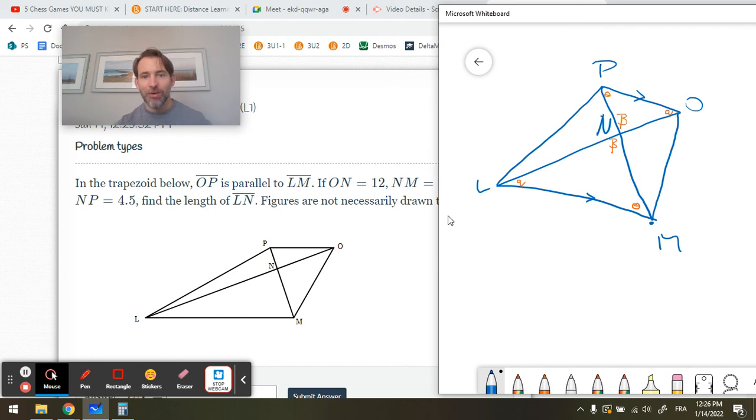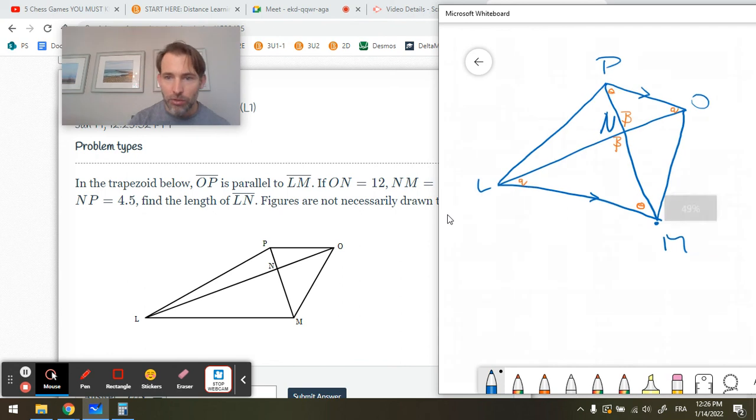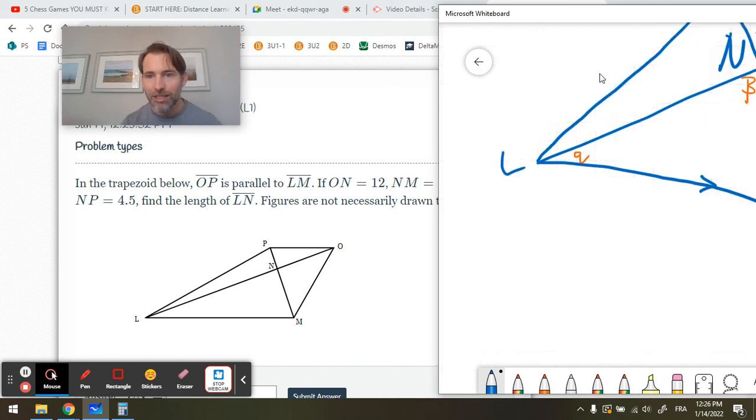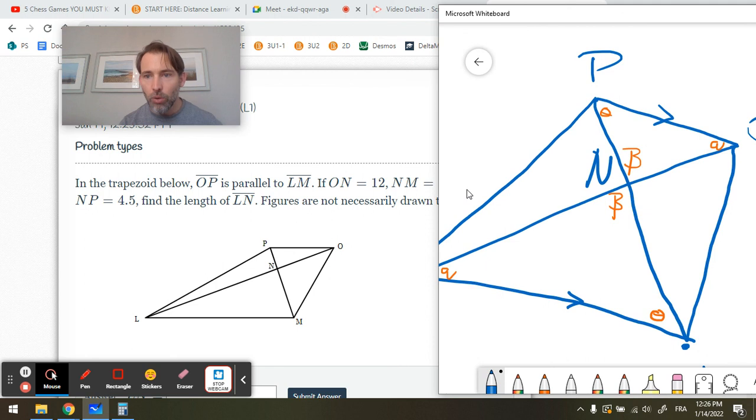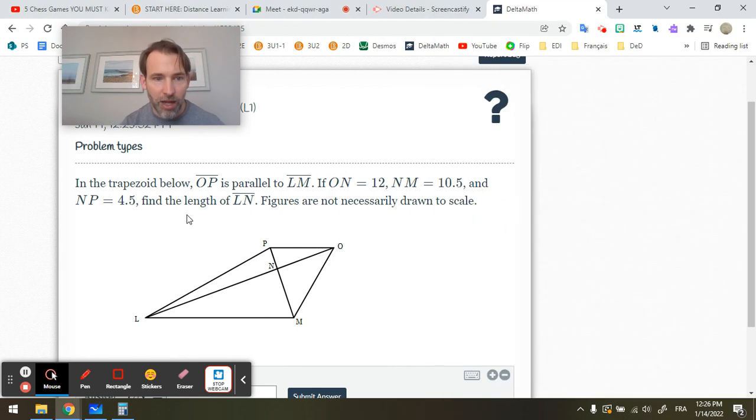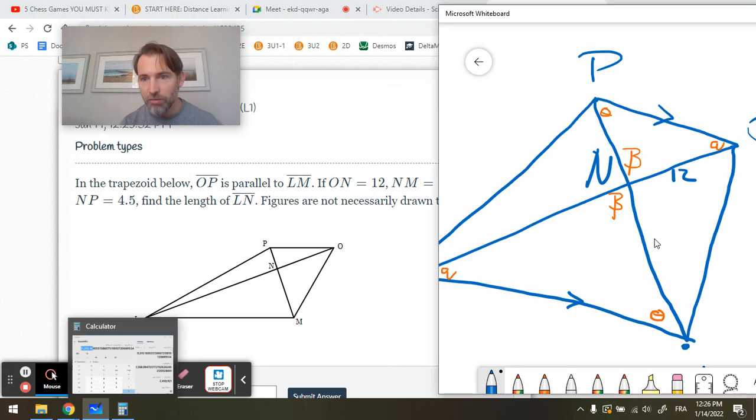Now let's zoom in and put on our distances, our lengths. ON is 12, so this is 12 long here. NM is 10.5 and NP is 4.5.